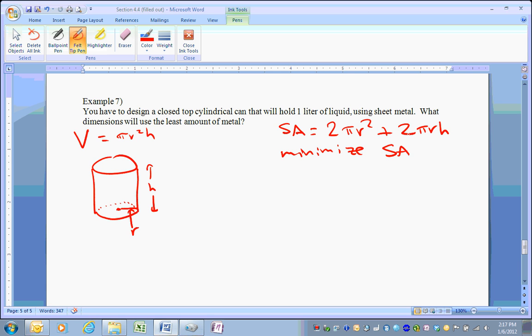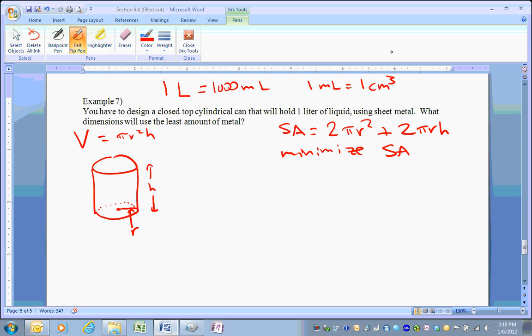Now, this is tricky because the units are weird. Usually we're dealing with millimeters or centimeters or inches or feet or whatever. If you think about it, 1 liter equals how many milliliters? 1 milliliter is 1 cubic centimeter.